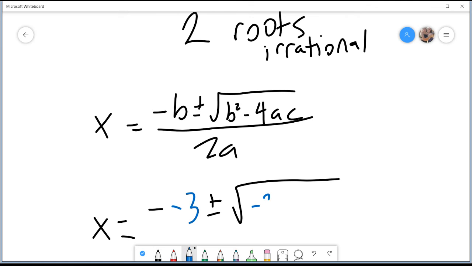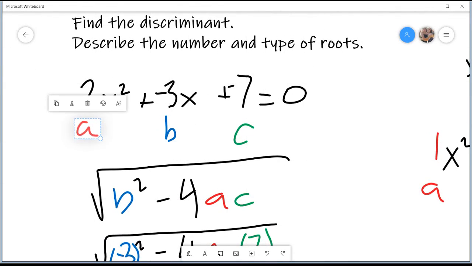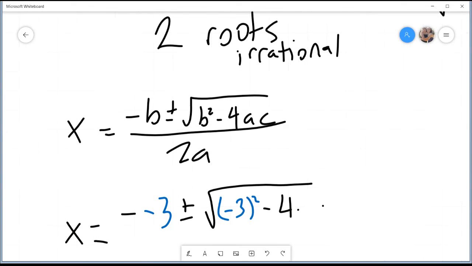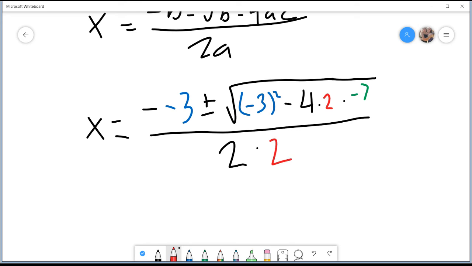B squared is negative 3 squared minus 4 times a times c. A is 2, c is negative 7. So we have 2, negative 7, and the whole thing is over 2 times a, which in this case is 2.